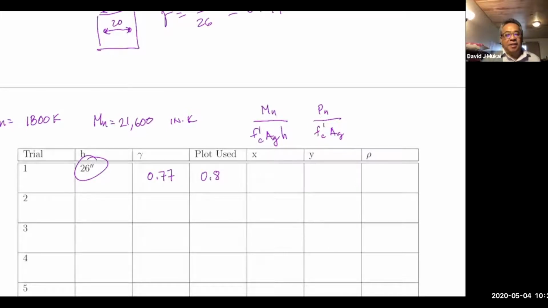And so it's a square, so it's h cubed. If it's a rectangle, you'd have to be careful.